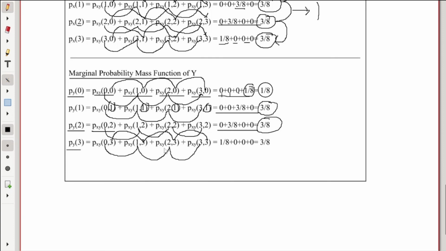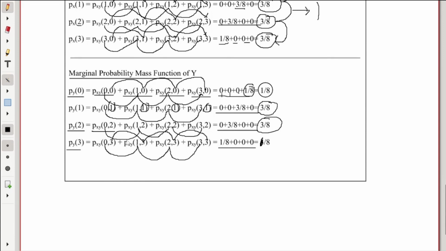So get all probabilities, 1 upon 8 plus 0 plus 0 plus 0 is equal to 1 upon 8. Sorry, earlier I said 3 upon 8, it should be 1 upon 8.